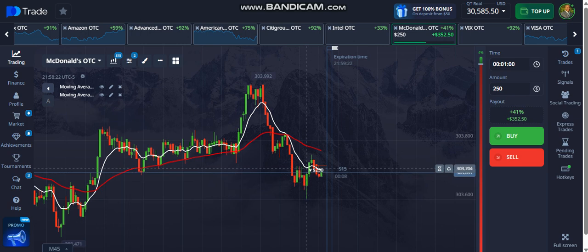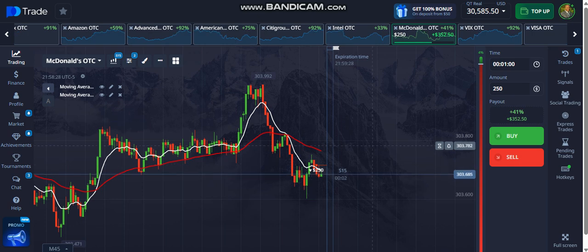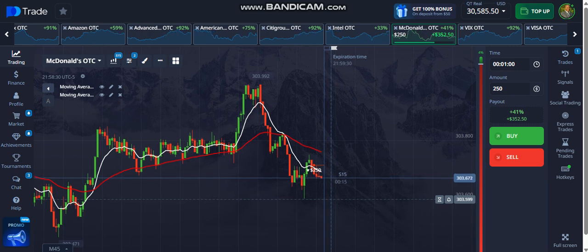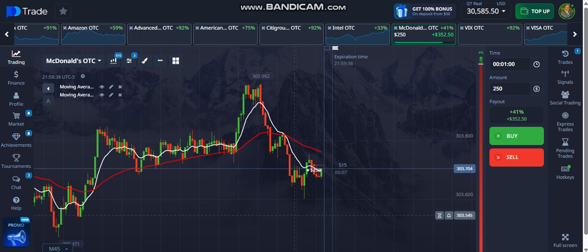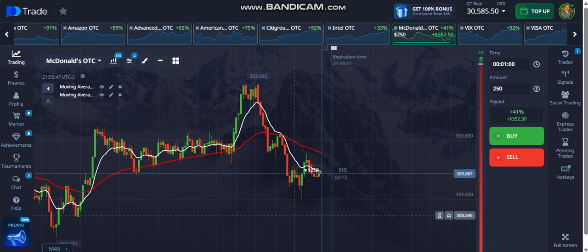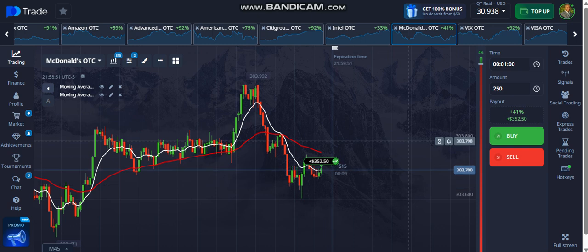So I wait for that candle to hit the line, and then I'll take a bearish trade, a sell trade in that direction. Okay? So let's watch this trade. It's close. Great. So we won that trade.